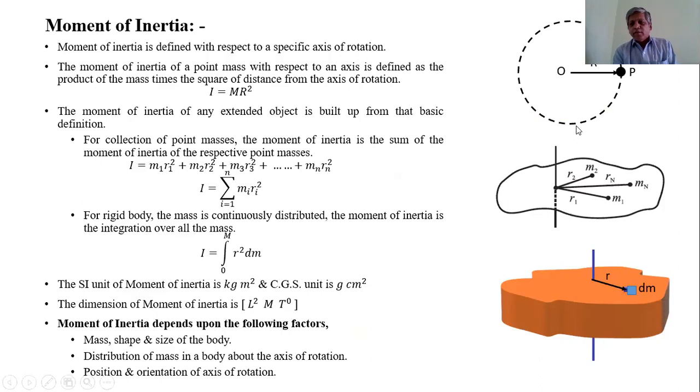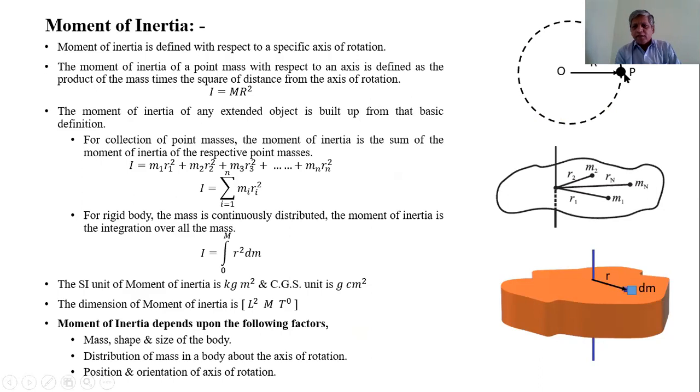In the first figure, O point is the axis of rotation and P is the point where the object is situated. Here we consider a single point mass.